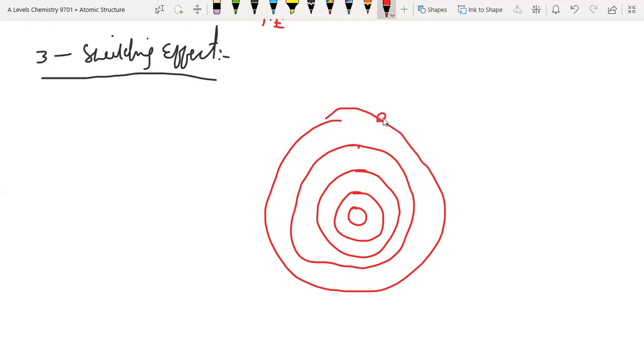If we are removing an electron here, this electron is being repelled by these inner electrons. This repulsion decreases the effect of the attraction of the nucleus on this electron. In other words, it is a decrease in the electrostatic attraction.